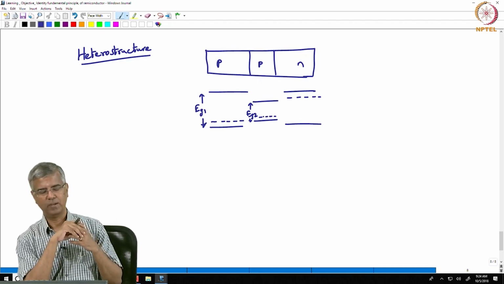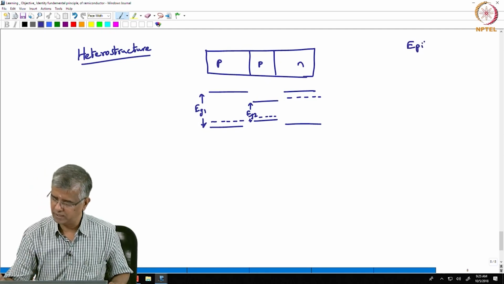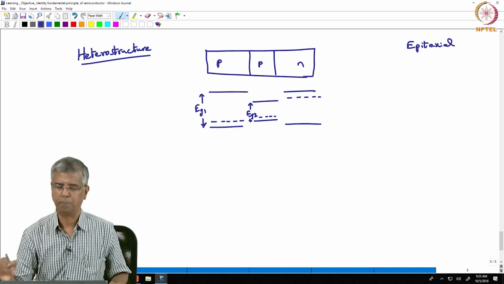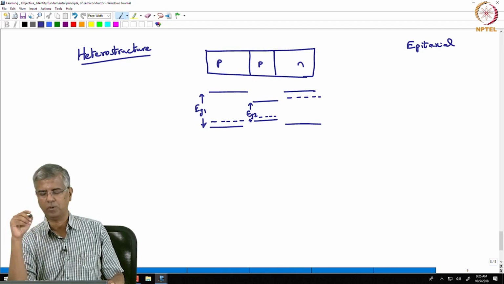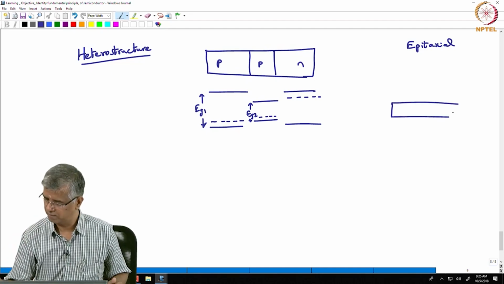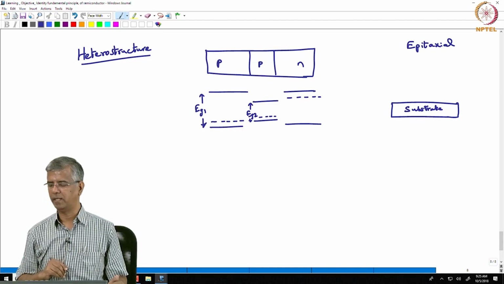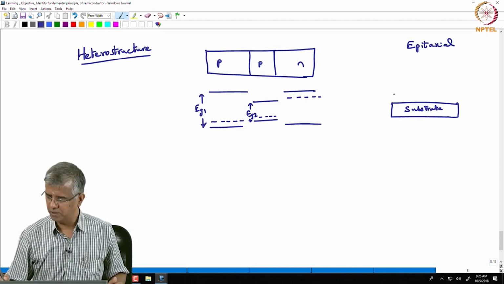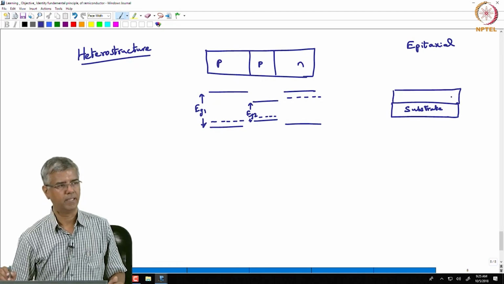So, usually what happens is there is something called epitaxial deposition. Okay. In this epitaxial deposition, what you do is you take a substrate, which is typically a highly conducting material, and then you deposit silicon on that.